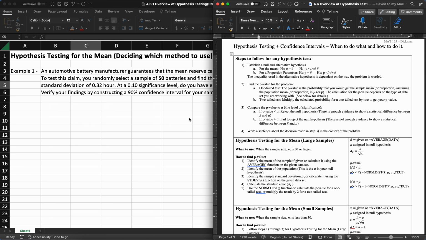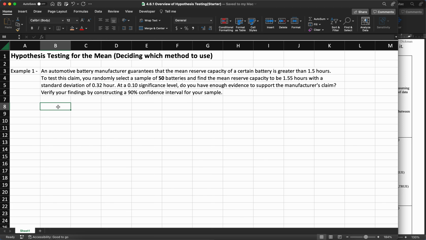All right, so let's go ahead and establish a null and alternative hypothesis. I'm seeing the words greater than here. And so my null hypothesis, H sub 0, is always going to be the baseline here. So in this case, 1.5 hours for the battery capacity. My alternative hypothesis here, since it says greater than, is that mu is greater than 1.5 hours.